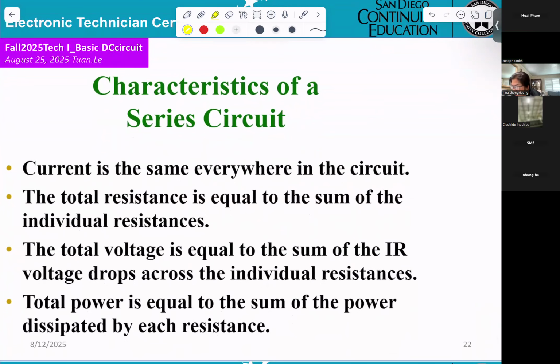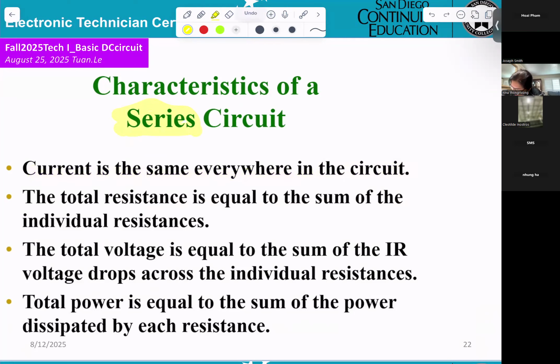Now we get two different circuitry. One will be the series circuit and another one will be parallel. Now we're talking theory. Current is the same everywhere in the circuit.